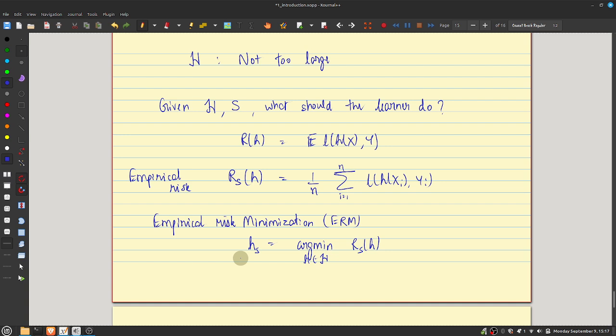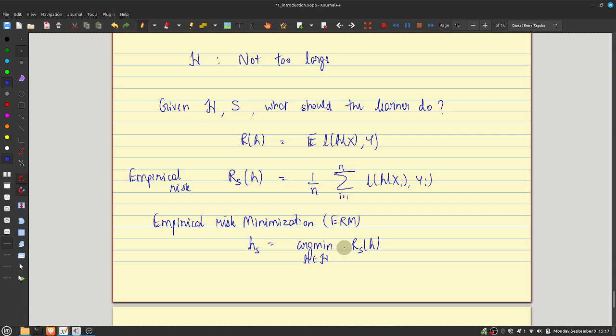So this is what the learner will do. Given a training set and a particular H, you choose h so as to minimize this empirical risk. How you minimize it is totally up to you. There's another challenge, which is performing this optimization problem. The computational complexity may be fairly high, but we'll assume that you can do it somehow.